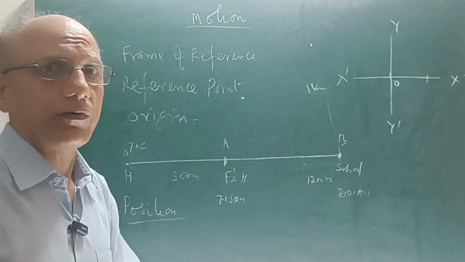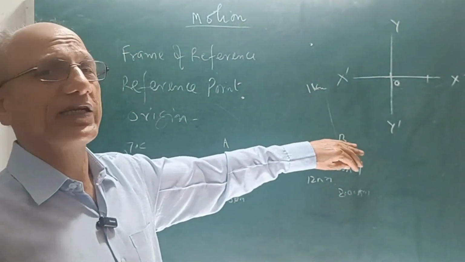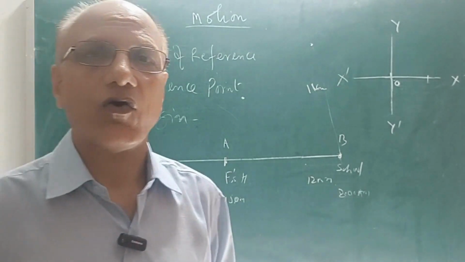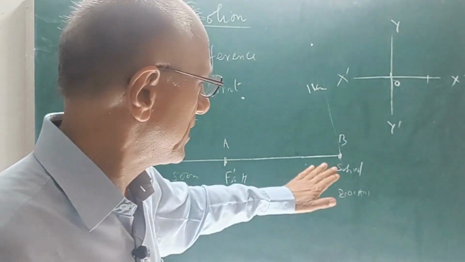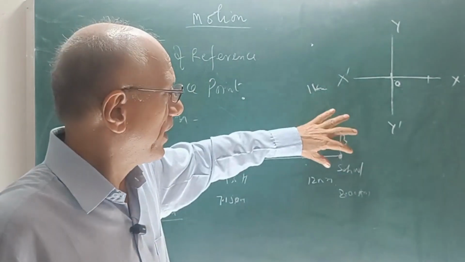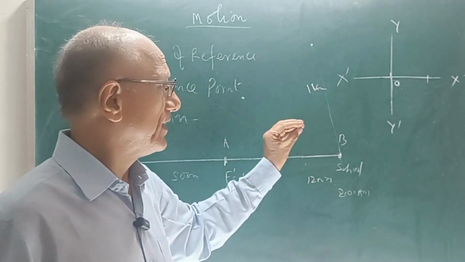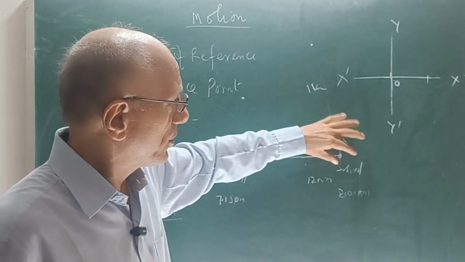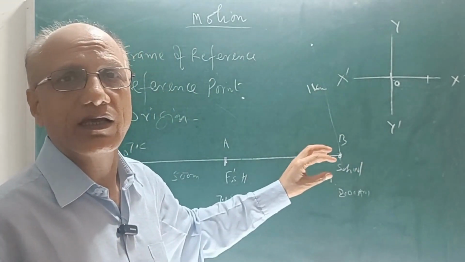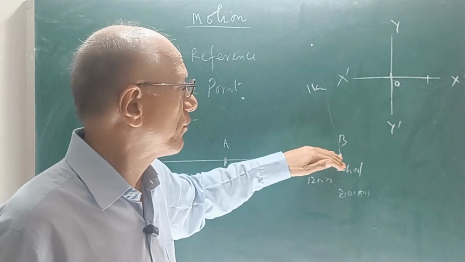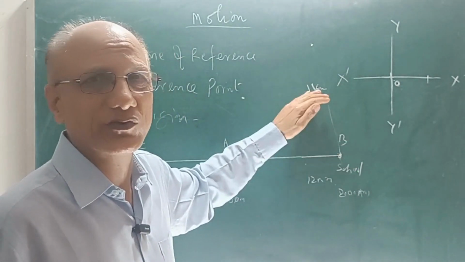So now the frame of reference becomes the school, because these kinds of activities are always referred from the school. Wherever you go, your position will be referred from the school. You have moved from the school. Now your origin is the school.